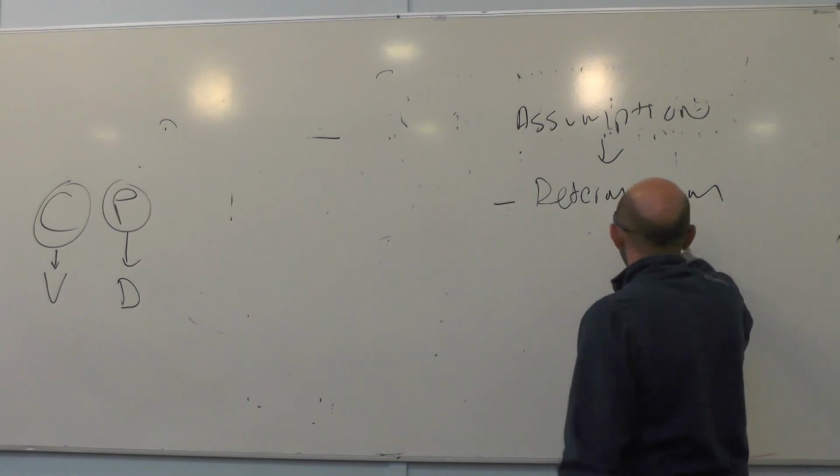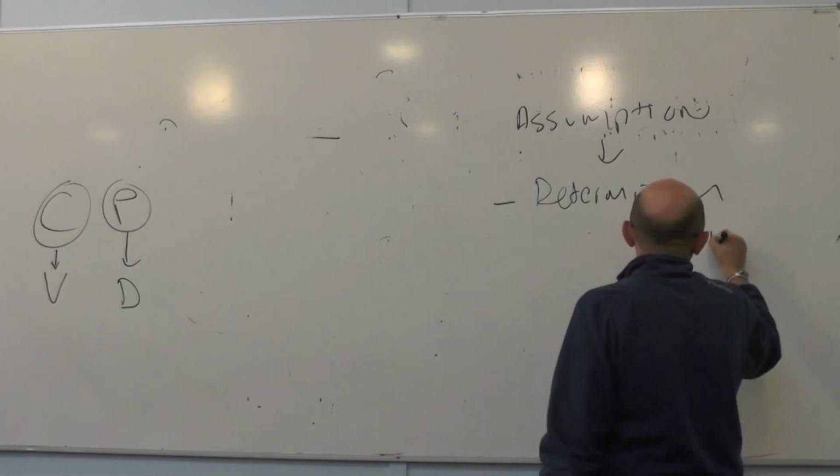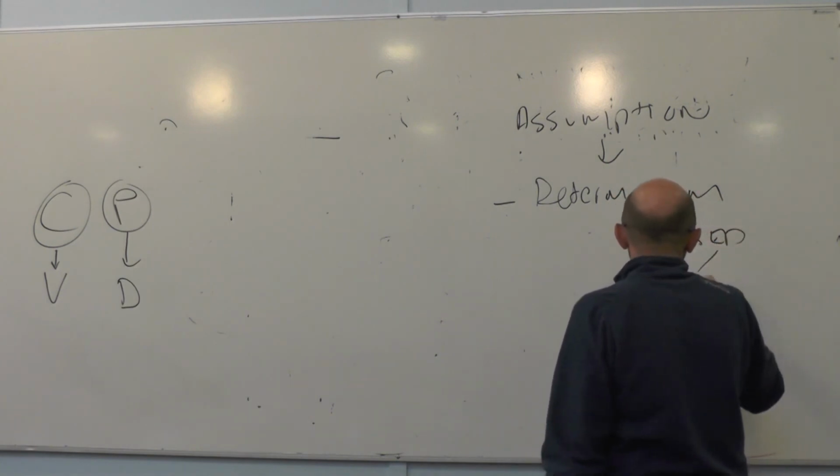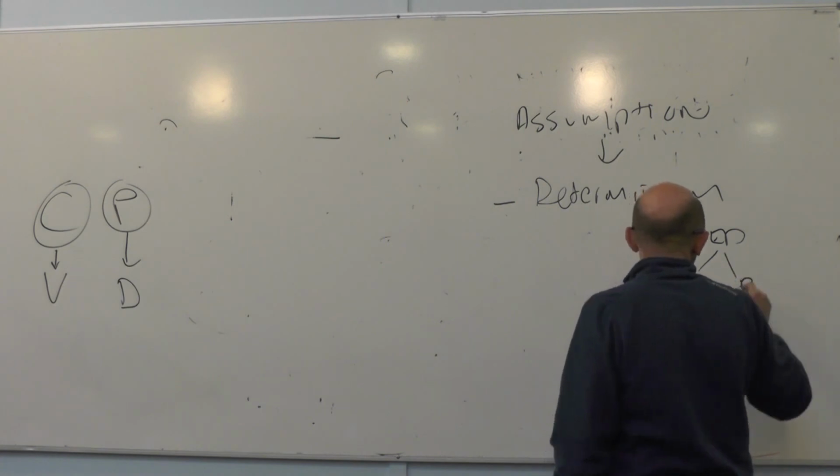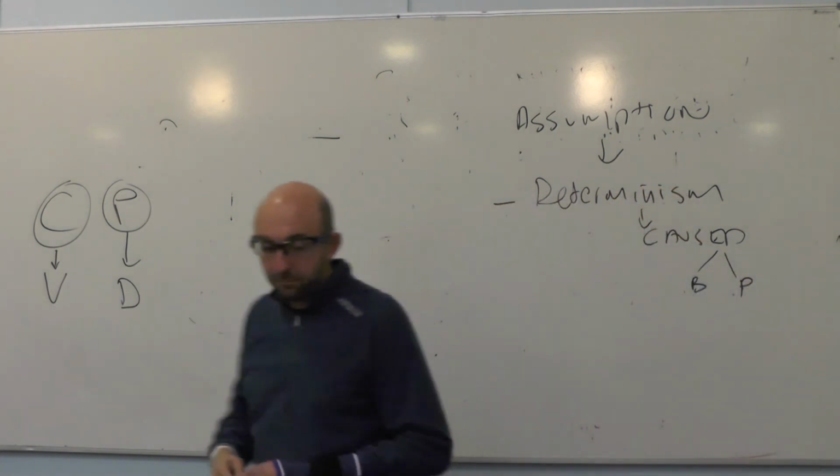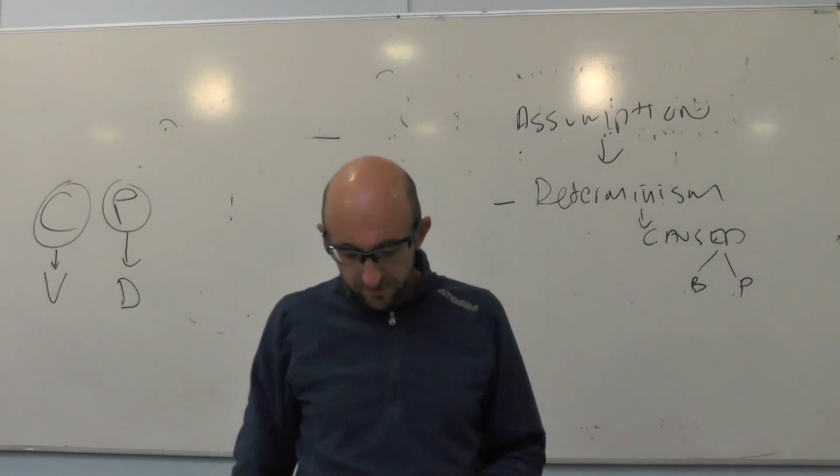Behaviour then is somehow caused. It's caused by either defective biology or defective psychology. So behaviour is predetermined.